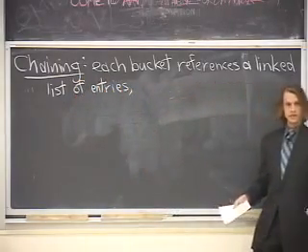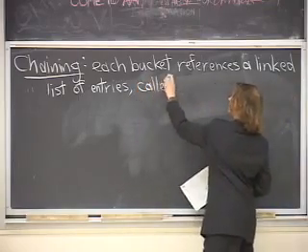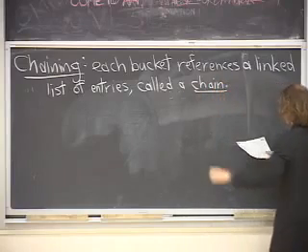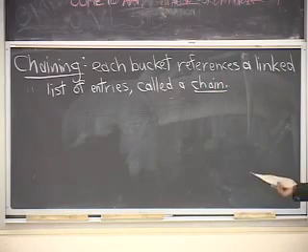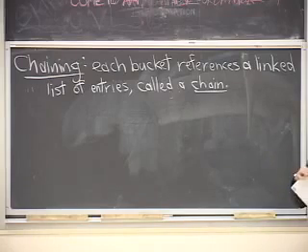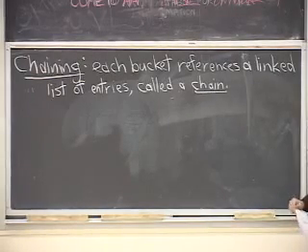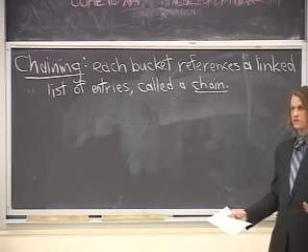And that linked list is called a chain. So if several keys are mapped to the same bucket, then those definitions all reside in the linked list for that one bucket. And so you can put as many definitions into one bucket as you need to.